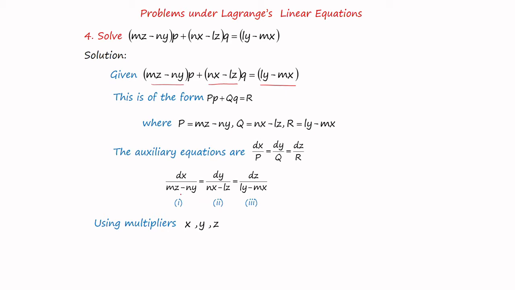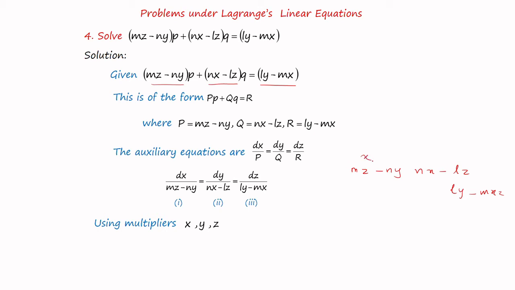So here, when adding mz minus ny, nx minus lz, and the next term ly minus mx, there is no mz term cancelling, so we have to multiply by multipliers. If here you have z, then this is multiplied by z and this one having x.